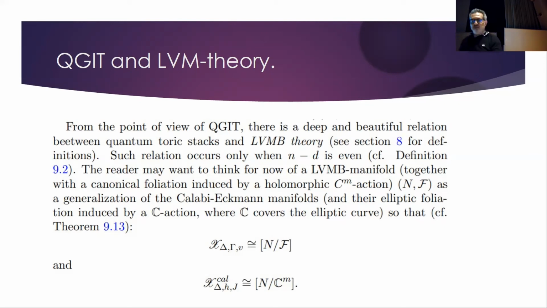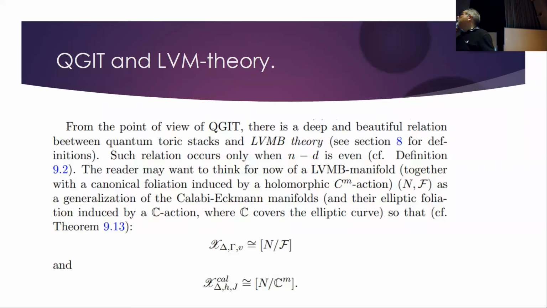So what you are deforming is the foliation. The uncalibrated thing is the space of leaves of the foliation, and the calibrated thing takes the C^m action that has a little bit more information than just the foliation.